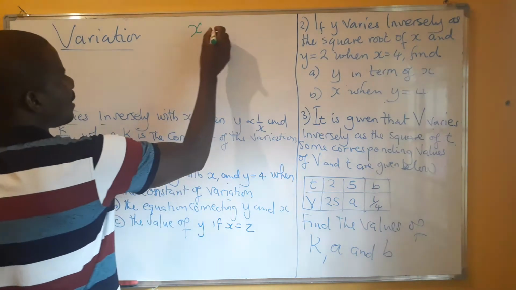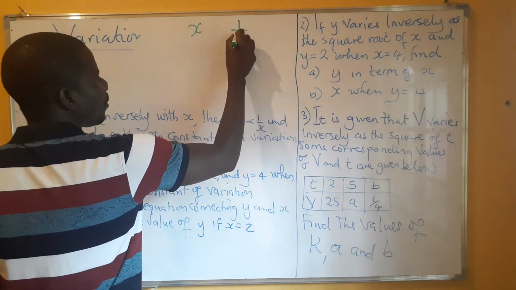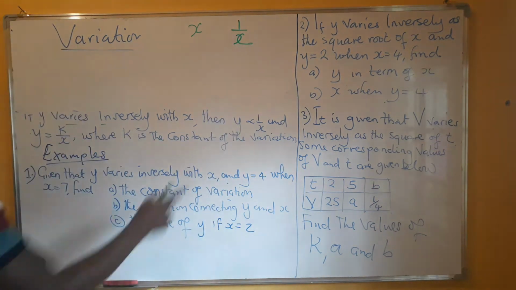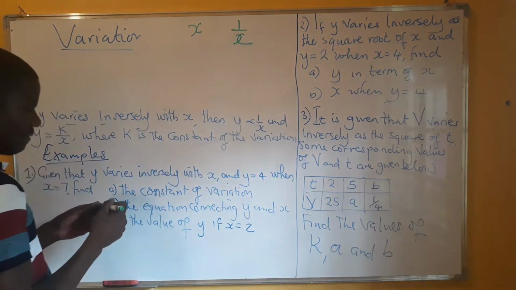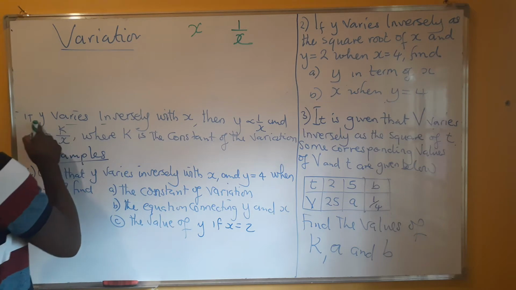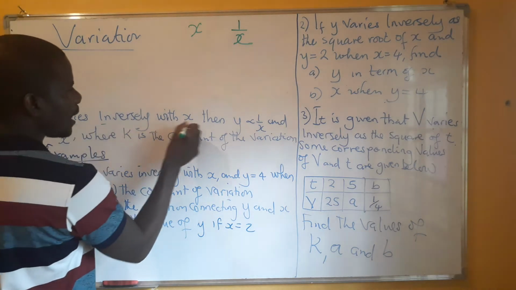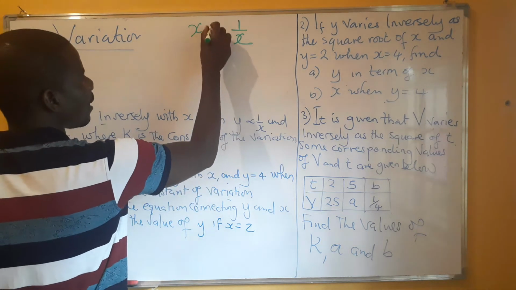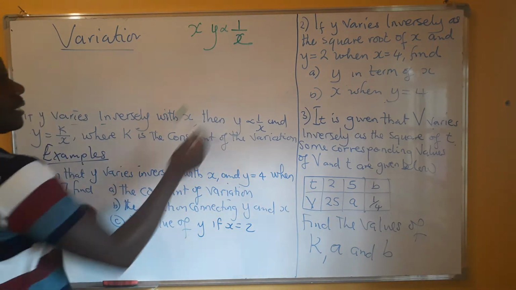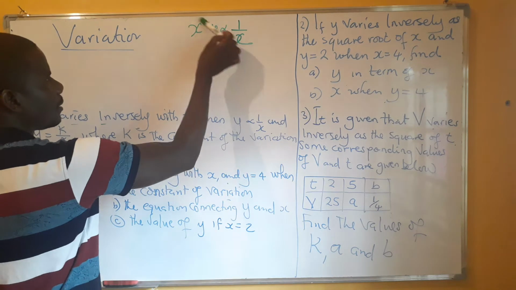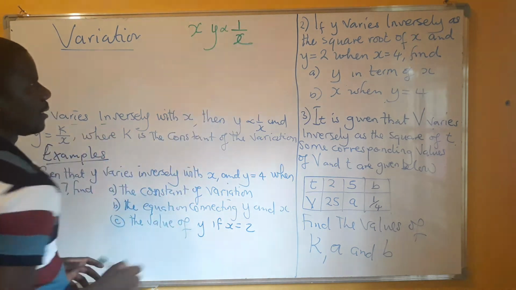It becomes 1 over x. That is where it's coming from. So if y varies inversely with x, then y varies with the inverse of this one, so 1 over x.